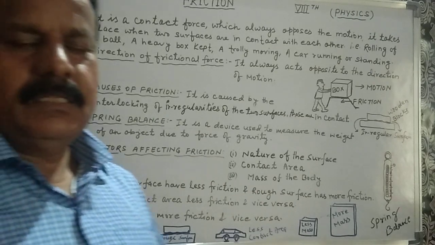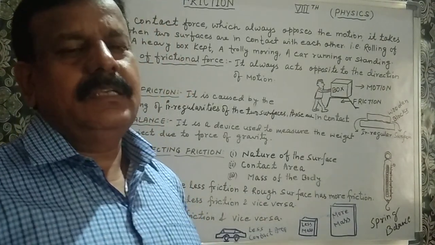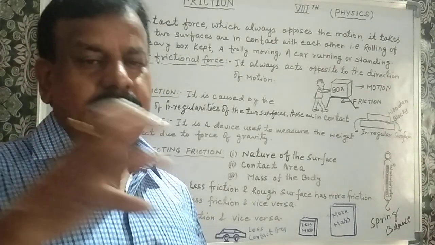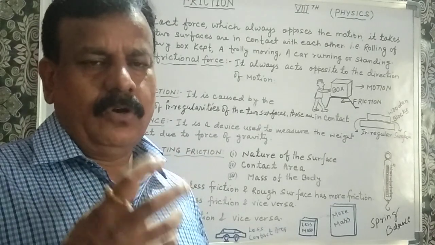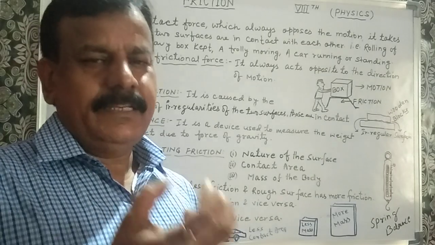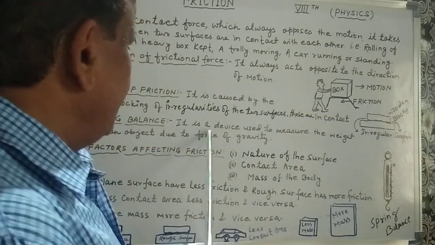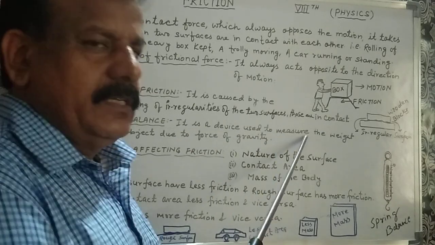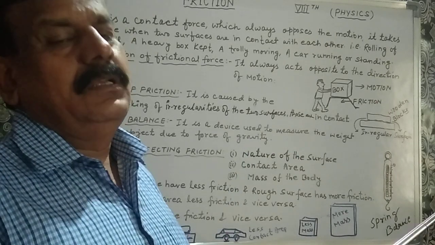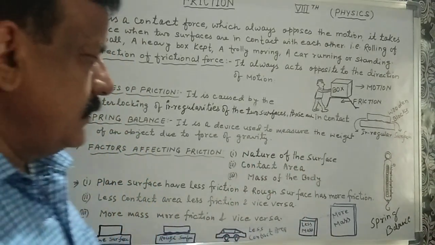Now the spring balance, it is a device. You can go through the figure. It is a device used to measure the acting force, or to measure the weight of an object due to Earth's gravity.